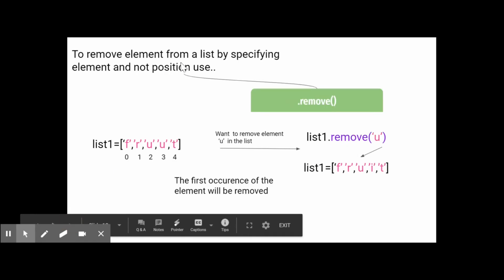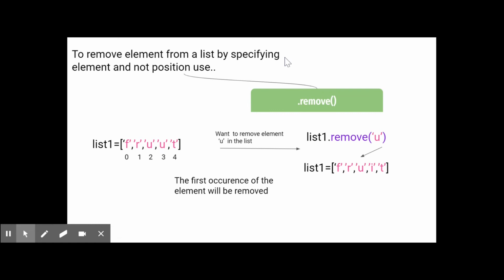Now what if I want to remove an element from a list, but I don't want to specify the index? How will I do that? In this list you have FRUUT and I want to remove element U. Now you will have the doubt that there are two U's in this list: a U in the second index and a U in the third index.